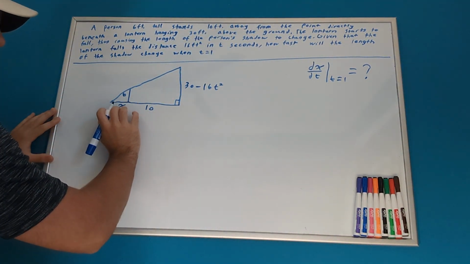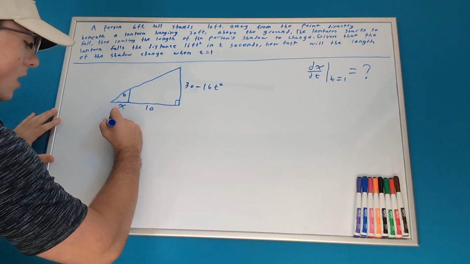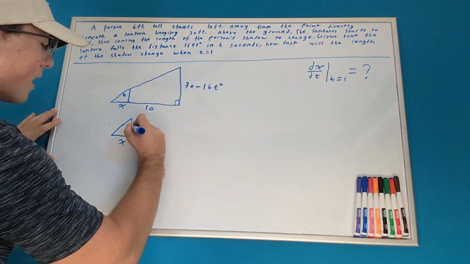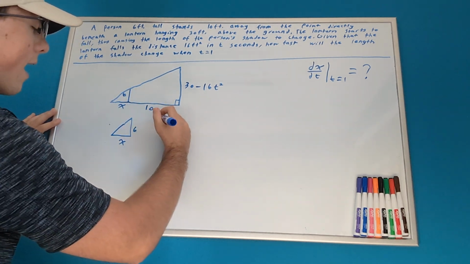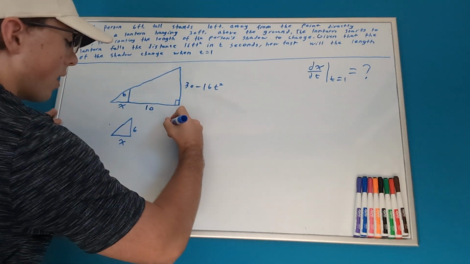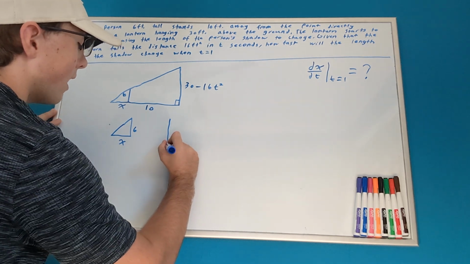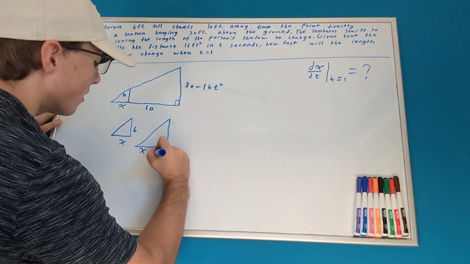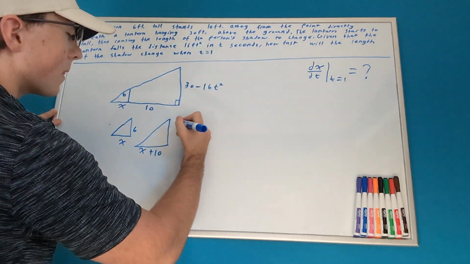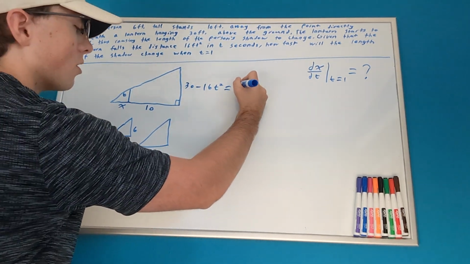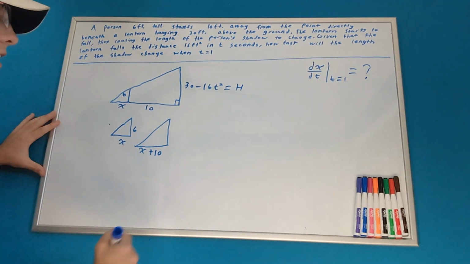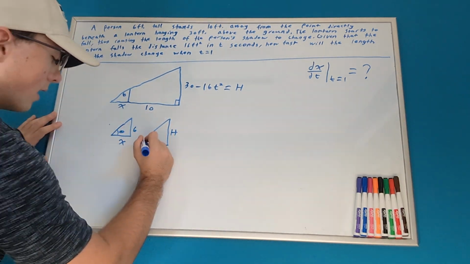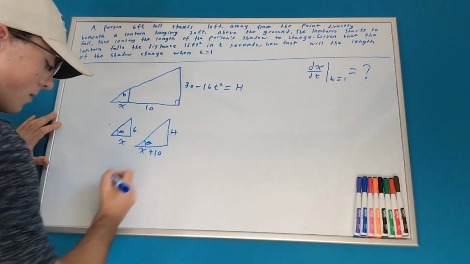We have the small triangle with the x and the 6, so this part right here, and then we have the larger entire triangle with x plus 10 on the bottom, and we'll label this h just for our convenience for now. And this angle right here, which we'll call theta, is the same for both triangles.